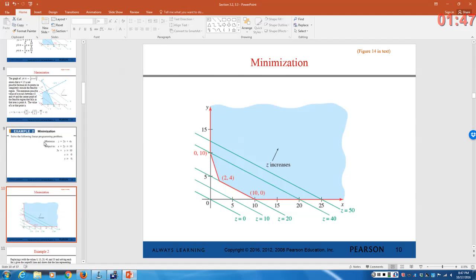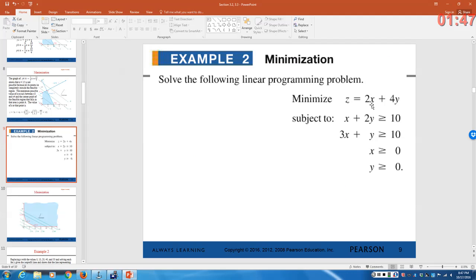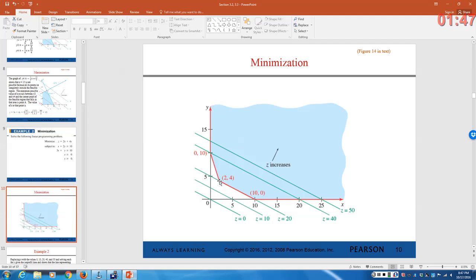But our problem says that we want to minimize the value of Z, not maximize it. So our minimum value of Z is going to be all the values between (2,4) and (10,0) on this line, which is when Z is equal exactly to 20. And all of those XY points on that part of the line will cause Z to be 20. So any of the points on that line will minimize Z.